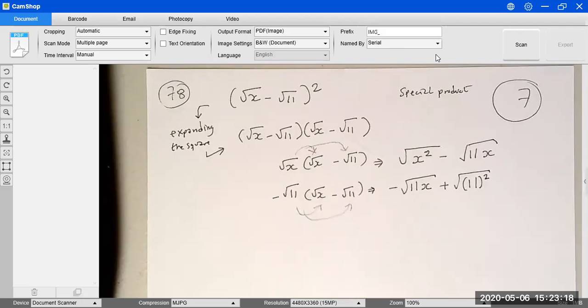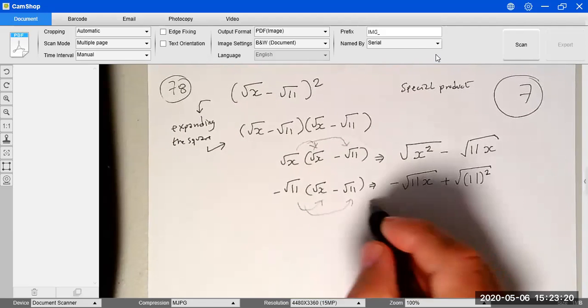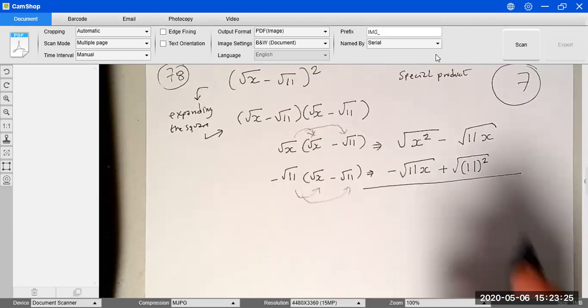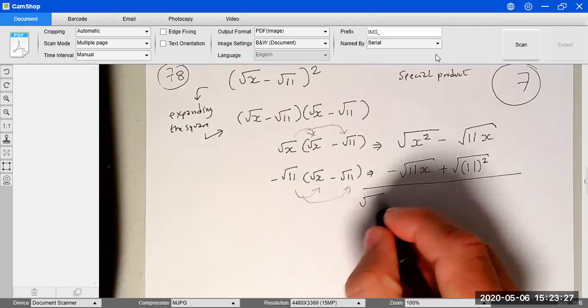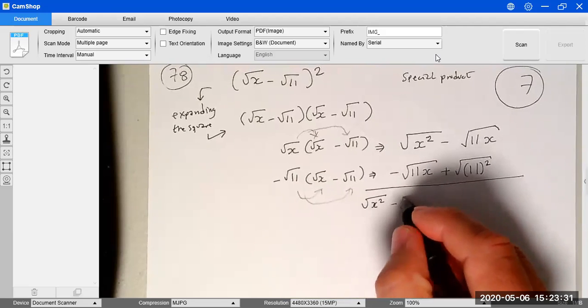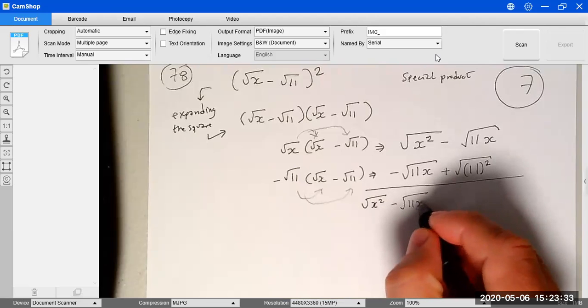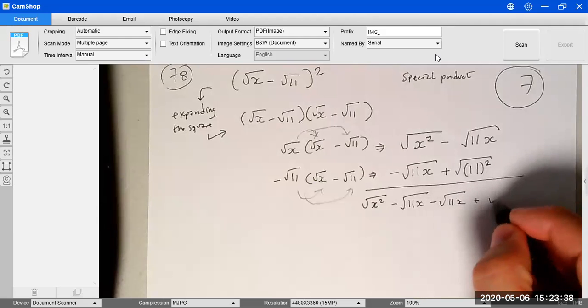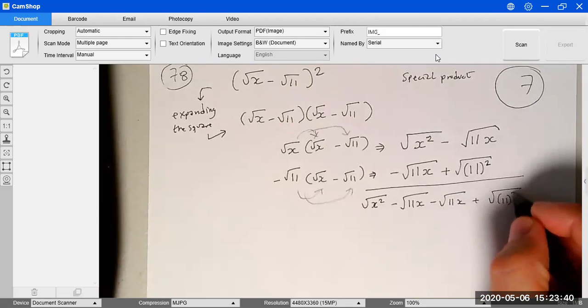So it's going to be 11 squared. So now we're going to write this in a horizontal way. I'm going to write the square root of x squared minus the square root of 11x minus the square root of 11x plus the square root of 11 squared.